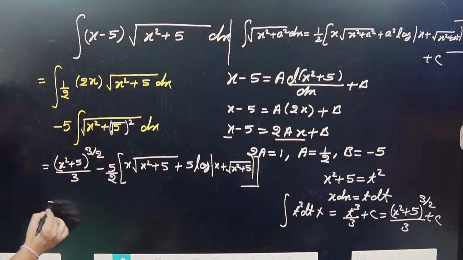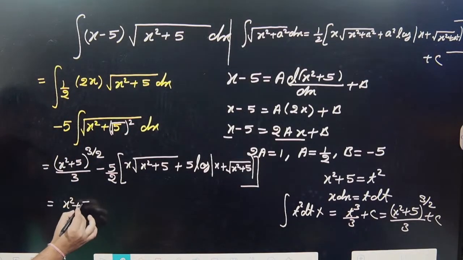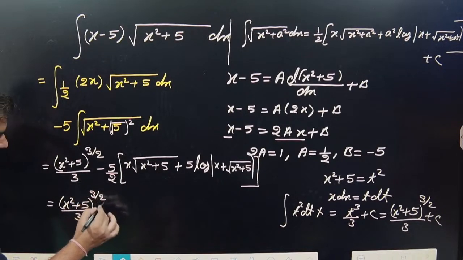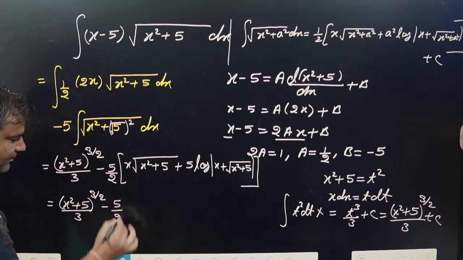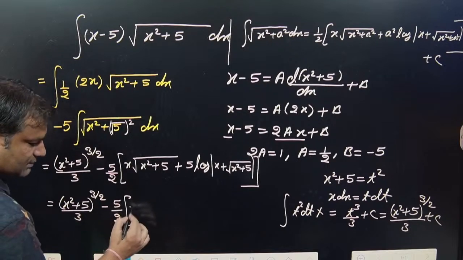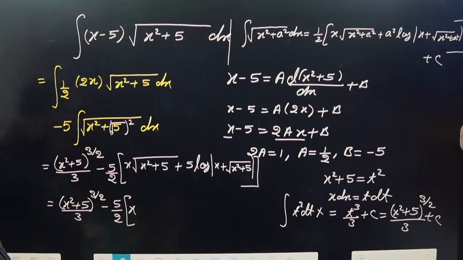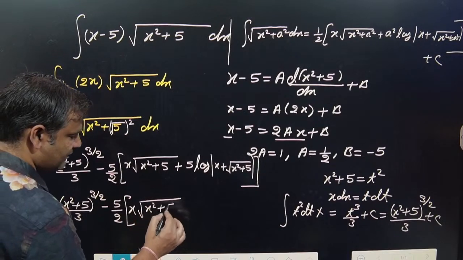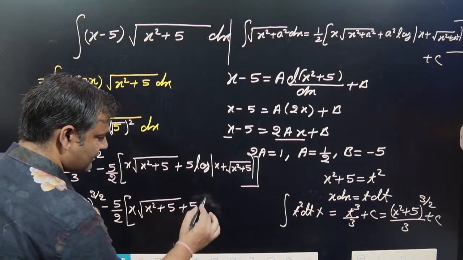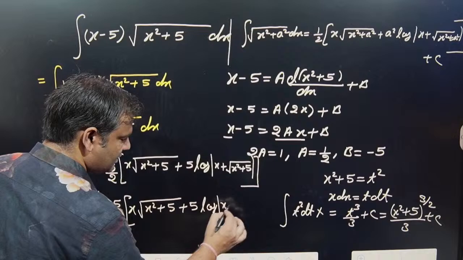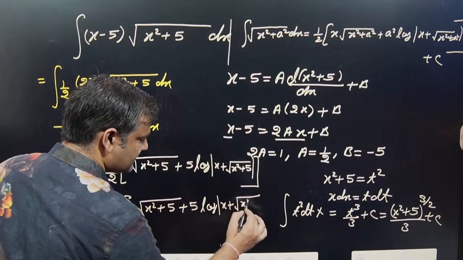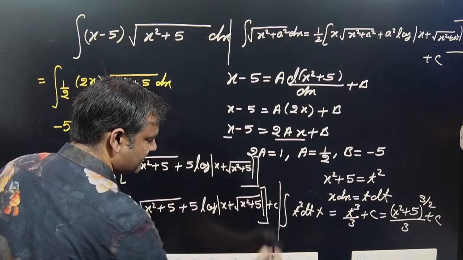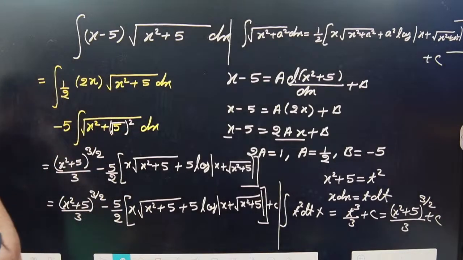Look here: (x square plus 5) to the power 3 by 2 divided by 3, minus 5 by 2 times the square root of x square plus 5, log of modulus of x plus the square root of x square plus 5, plus c. Clear or not?